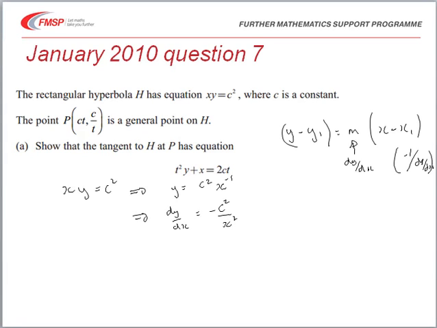But we've got values for x and y, and x is equal to ct, and therefore at this particular point dy by dx is equal to minus c squared divided by c squared t squared, or in other words it's equal to negative 1 over t squared.